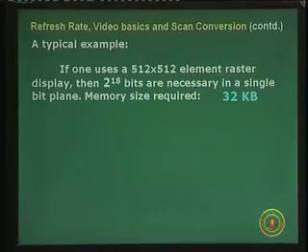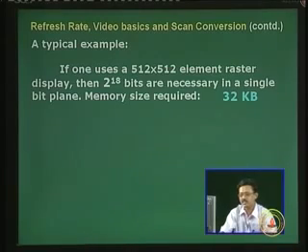Let us take a typical example of memory usage. Say one uses a 512 cross 512 element raster display. What do I mean? We talked of a matrix or an array of pixels. So, there are 512 rows and 512 columns, a perfect square matrix, aspect ratio 1.